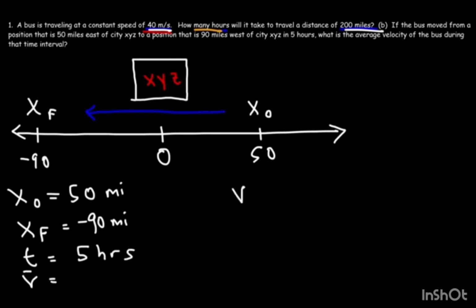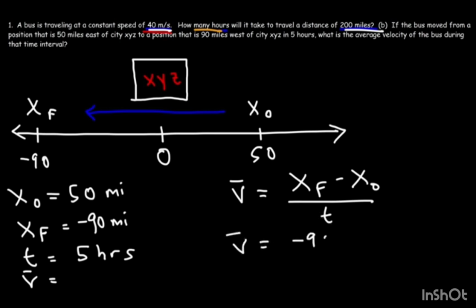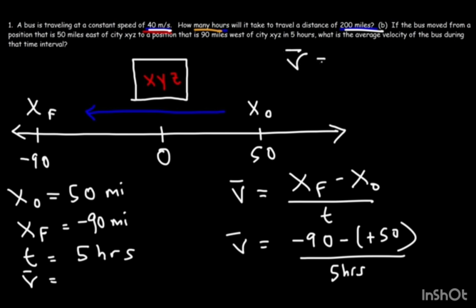Well, we know that average velocity is displacement over time, and displacement is the change in position. X final minus x initial, whenever you're dealing with motion along the x-axis, and then divided by the time. So the final position is negative 90, the initial position is positive 50, the time is 5 hours. So negative 90 minus positive 50, that is negative 140.